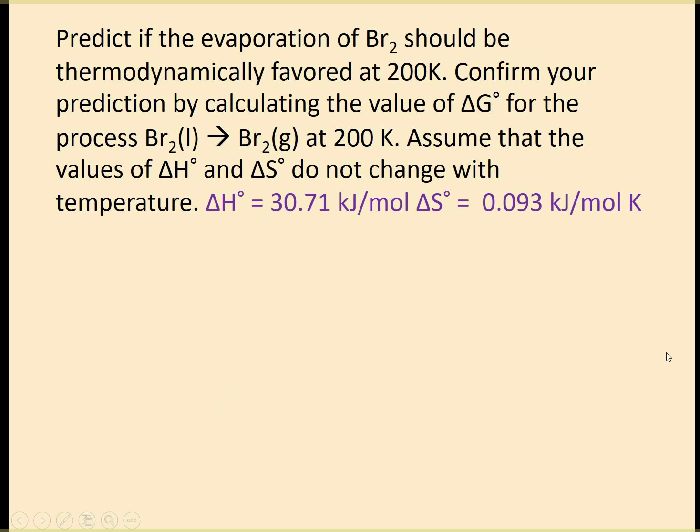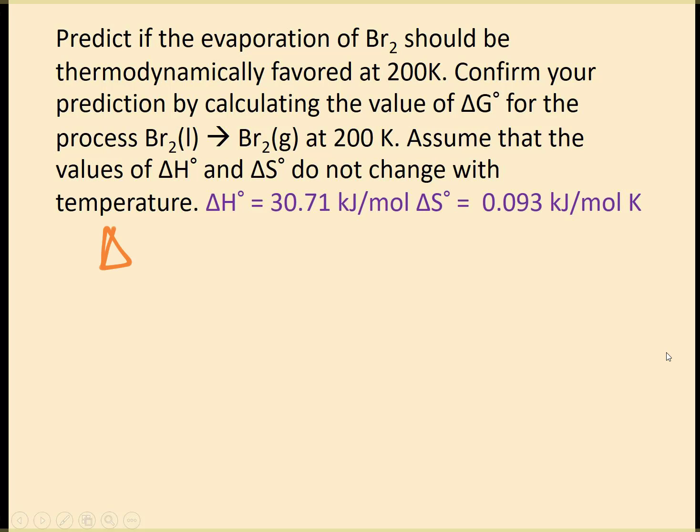Now, predict whether the evaporation of bromine should be thermodynamically favored at 200 Kelvin. Confirm your prediction by calculating the value of delta G for this process of going from a liquid to a gas. And we're going to assume that our standard values of enthalpy and entropy do not change with temperature.